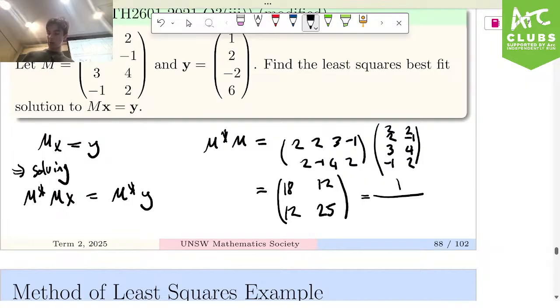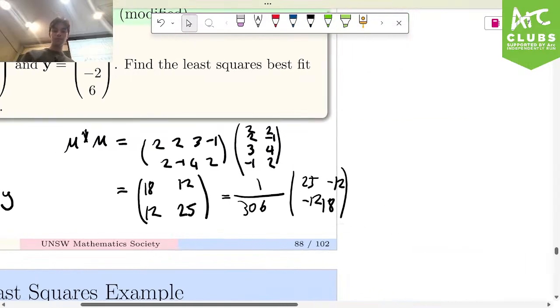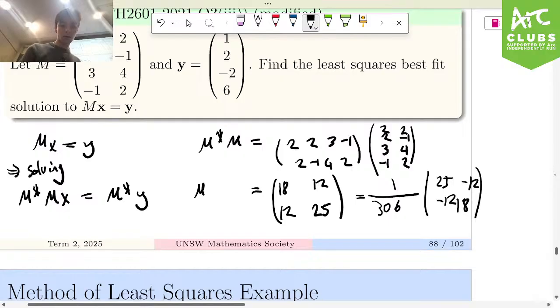If you give me a second. 18 times 25 minus 144 is 1 on 306, multiplied by these entries switched, minus 12, minus 12. And that's the inverse. Oh, sorry. I don't know why I equated those two.